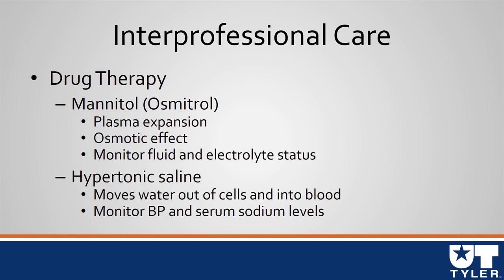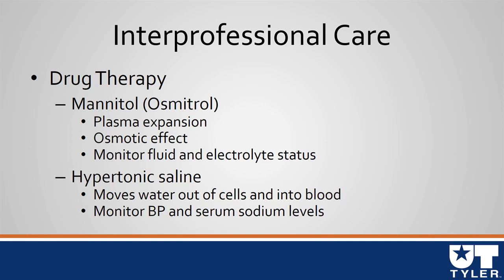An immediate plasma expansion effect reduces the hematocrit and blood viscosity, thereby increasing cerebral blood perfusion and cerebral oxygen delivery. A vascular osmotic gradient is created by mannitol, thus fluid moves out from the tissues into the blood vessels. Therefore, the ICP is reduced by a decrease in the total brain fluid content. We also monitor fluid and electrolyte status when osmotic diuretics such as mannitol are used.